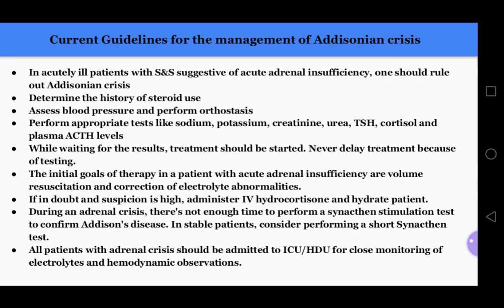During an adrenal crisis, there is not enough time to perform a synacthen stimulation test to confirm Addison's disease. In stable patients, this can be considered for the confirmation of diagnosis. All patients with adrenal crisis should be admitted to ICU or high dependency unit for close monitoring of electrolytes and hemodynamic observations.